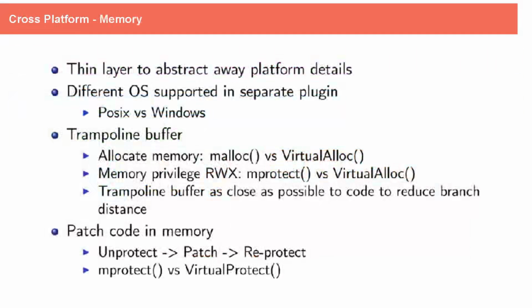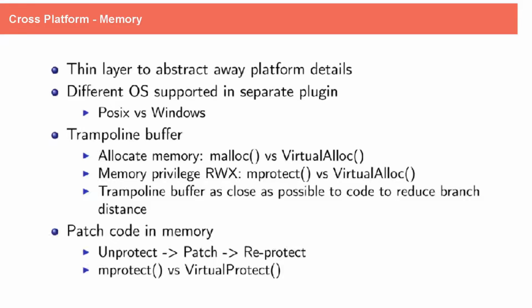A few things we need to care about when building this. First, we're talking about cross-platform, right? For cross-platform, we need to think about how to deal with memory, because different OSes support different interfaces to handle memory access. One thing we need to do is allocate a trampoline buffer, and to allocate it, we have different APIs on different OSes.